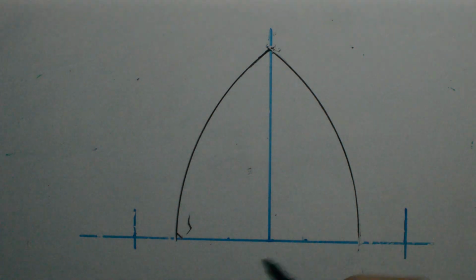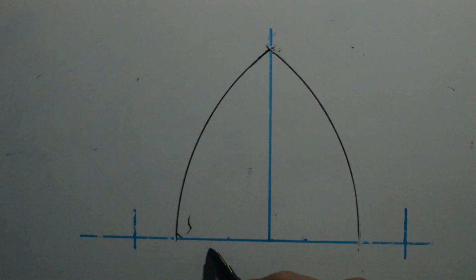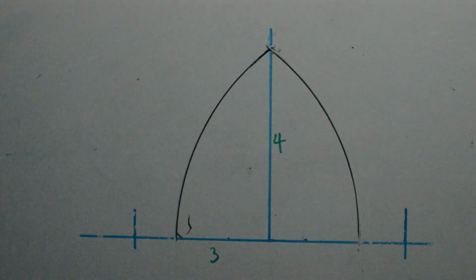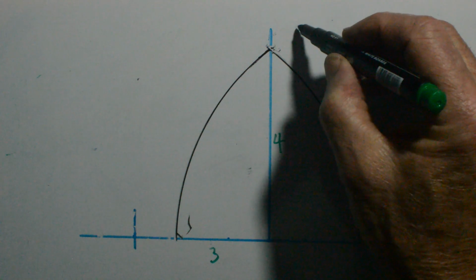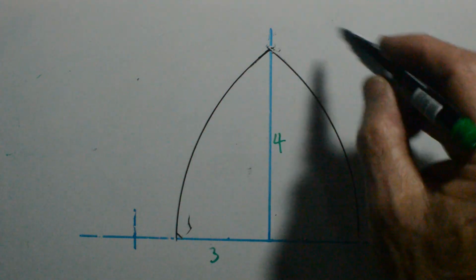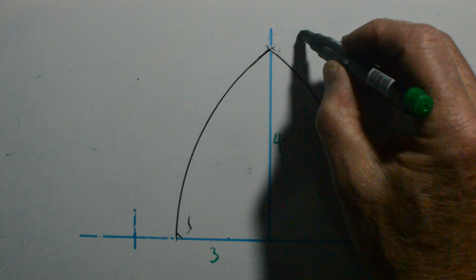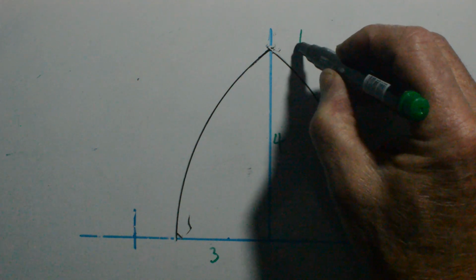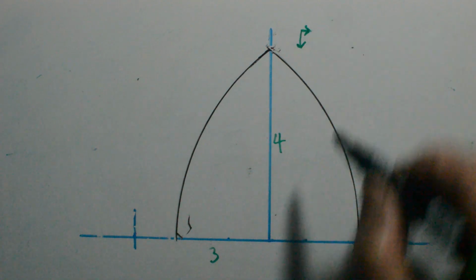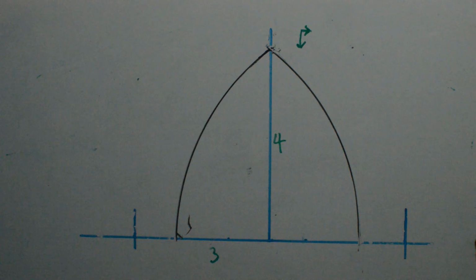So here's a Gothic arch. This would be a 3, this would be a 4, so that the pressure up here, instead of being all to the side, is only 3/4 to the side.